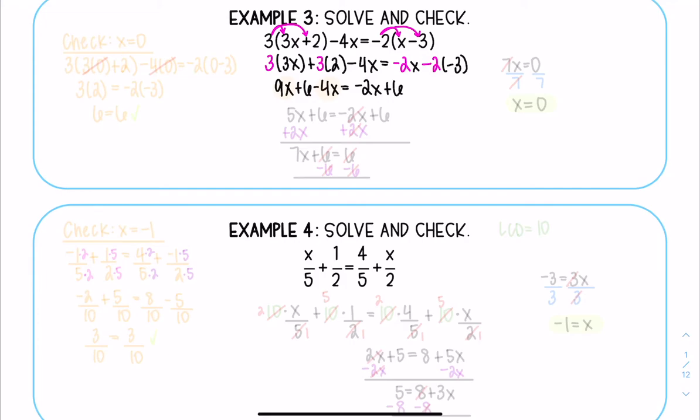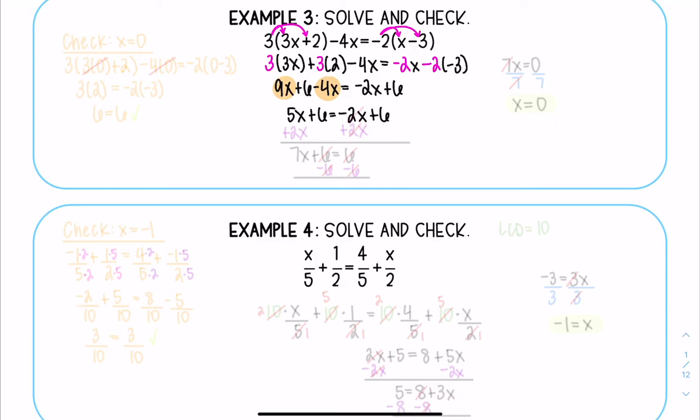So let's go ahead and combine like terms on the left-hand side. We have a 9x and a negative 4x. That gives me 5x plus 6 equals negative 2x plus 6. So what we want to do is move all the variables to one side and all of those numbers or constants to the other.